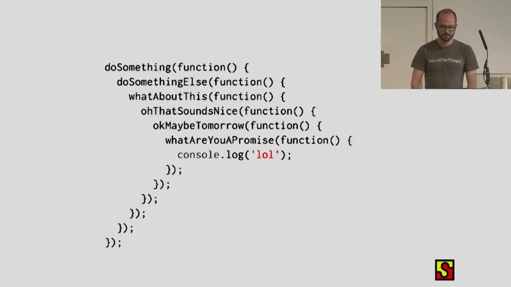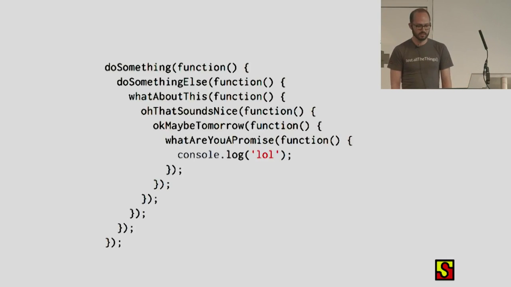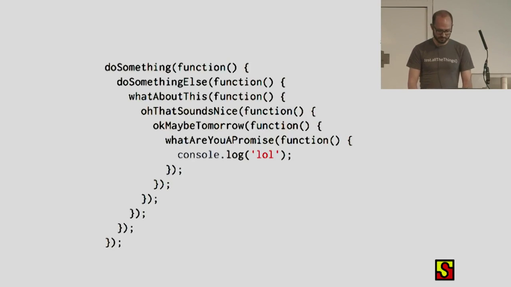So this is something that you might find in a lot of code, and it's kind of ugly. Code keeps moving right, and you end up with a bunch of these crying mustache faces or whatever it was that the person said yesterday, which I thought was great. It's very easy to lose track of where you are, especially if we added some logic in random functions here. You might not know where you are in this entire stack here.